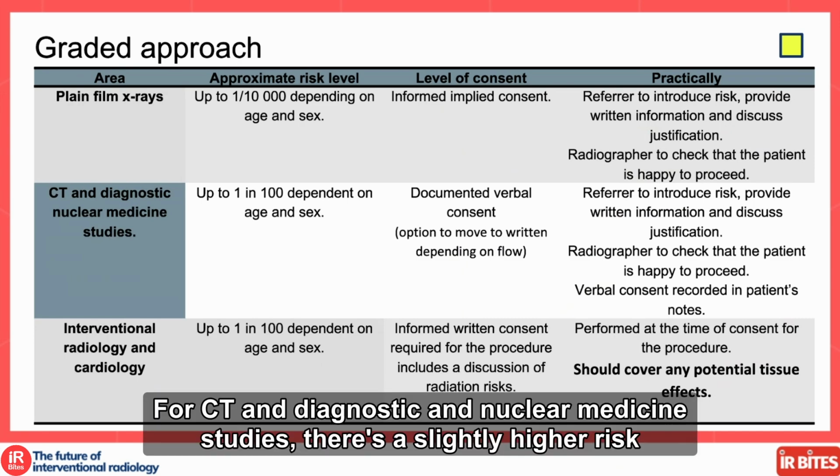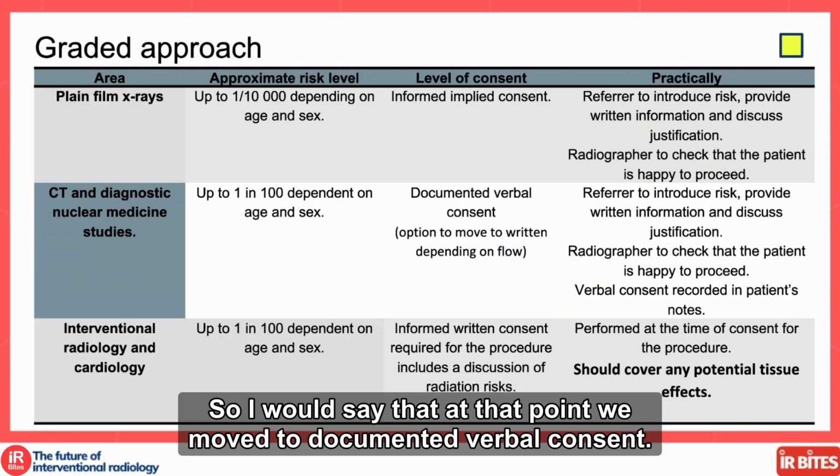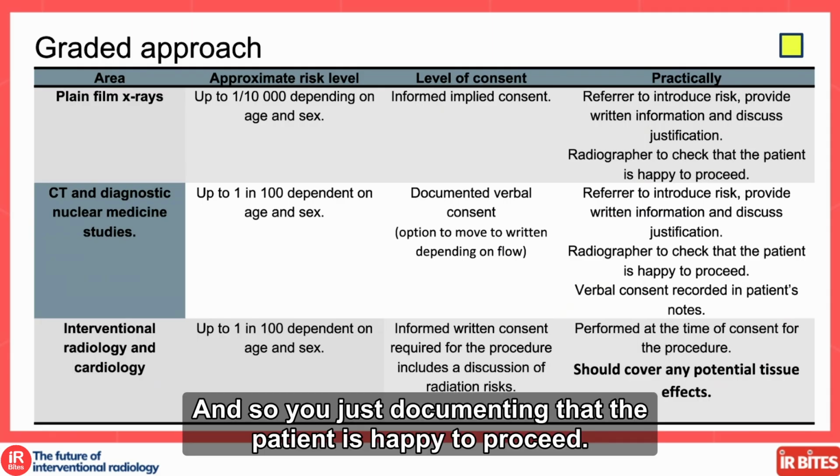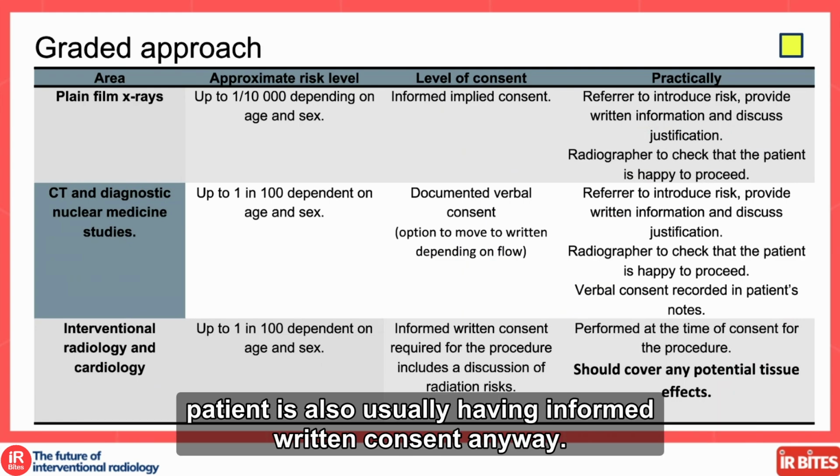For CT and diagnostic nuclear medicine studies, there's a slightly higher risk, and the patient flow doesn't require consent already. So I would say that at that point we move to documented verbal consent, just documenting that the patient is happy to proceed. And then for interventional radiology and cardiology, the risks are higher, but the patient is also usually having informed written consent anyway.